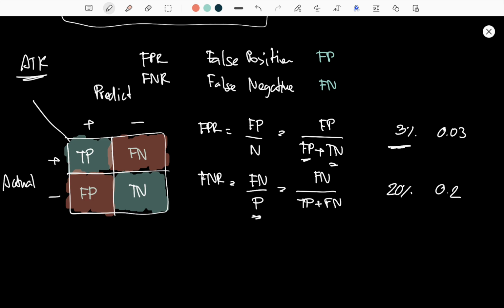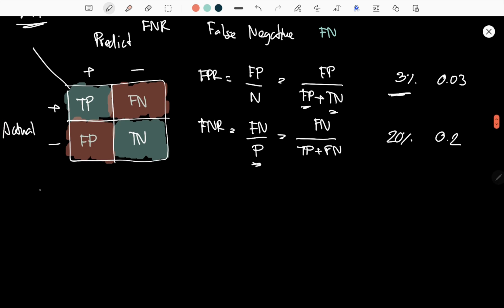So the problem is, in the case that the ATK gives a positive result, you have to think, what is the probability that I have COVID-19?